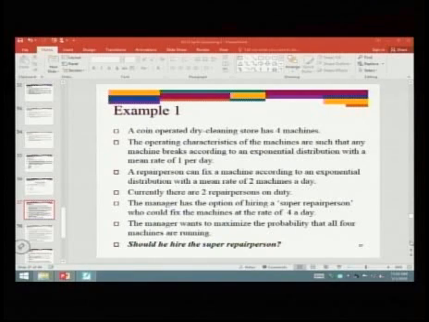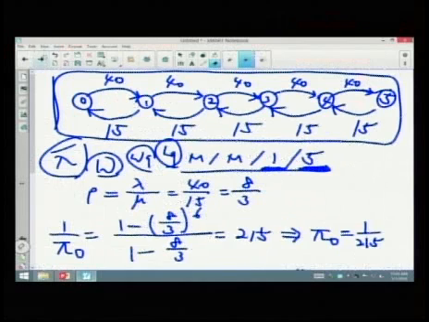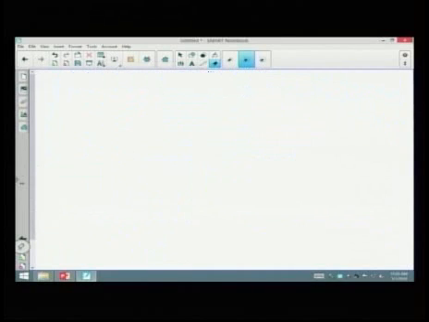Then he's in a dilemma whether he should hire the super repair person, or he should just go with the 2 repair persons that he currently has. So let's see what he can suggest.